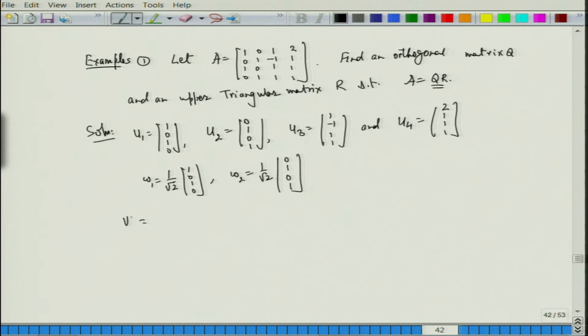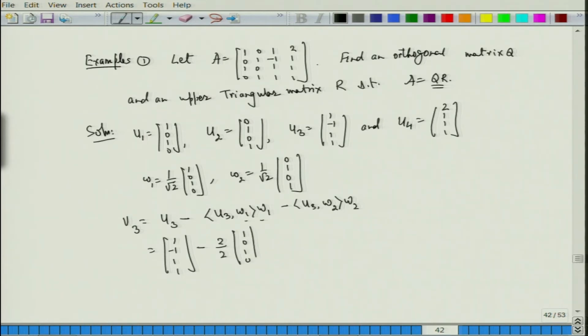So V3 is U3 minus the inner product of U3 with W1 times W1, minus the inner product of U3 with W2 times W2, which is the same as 1 minus 1 1 1, minus the inner product of U3 with W1. U3 with W1 is 1 into 1 plus 1 into 1, that is 2, and this square root of 2 comes twice, so you divide by 2 here and multiply by 1 0 1 0.